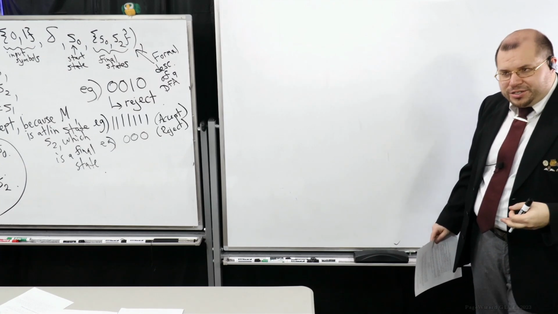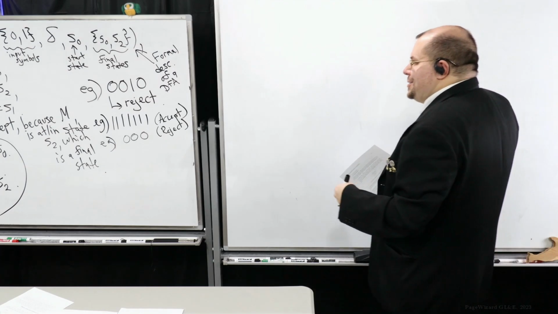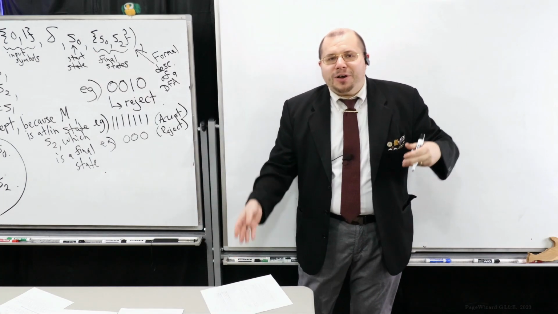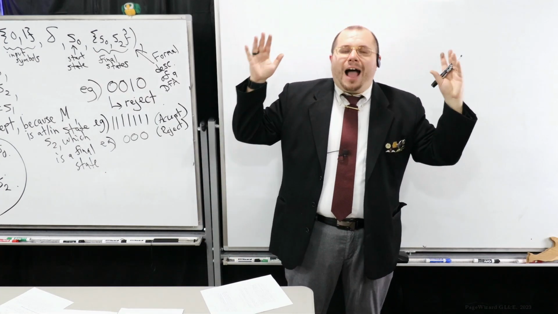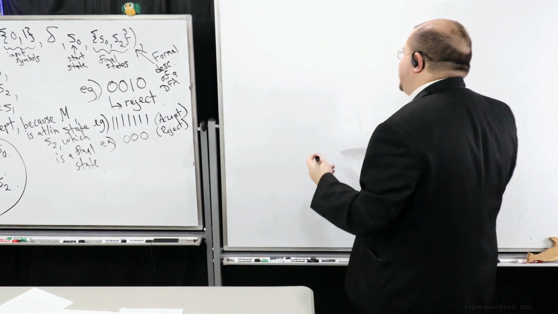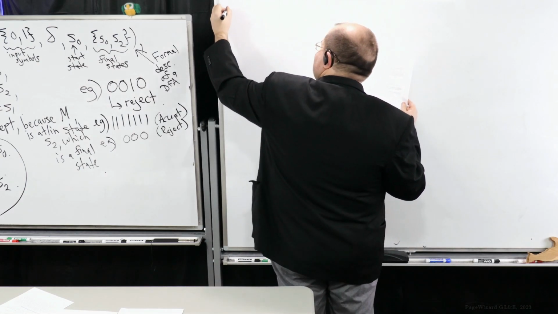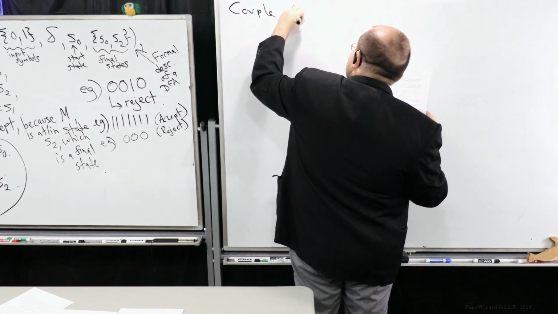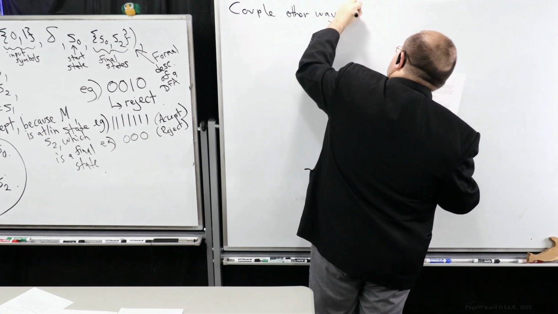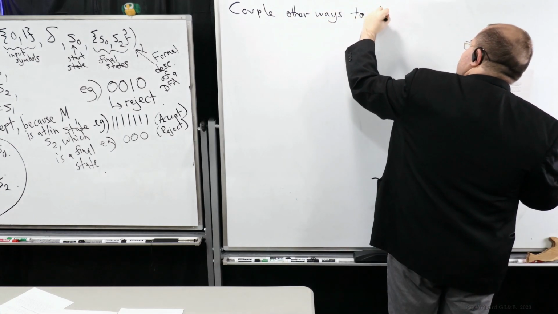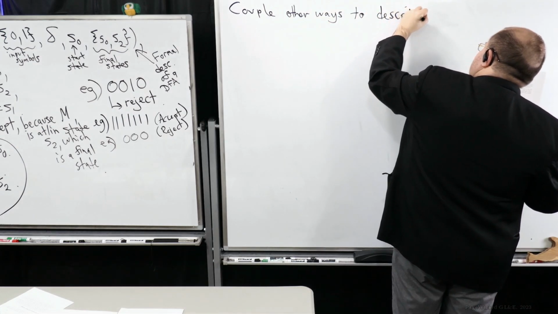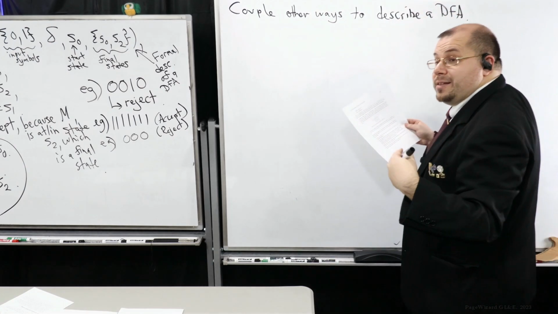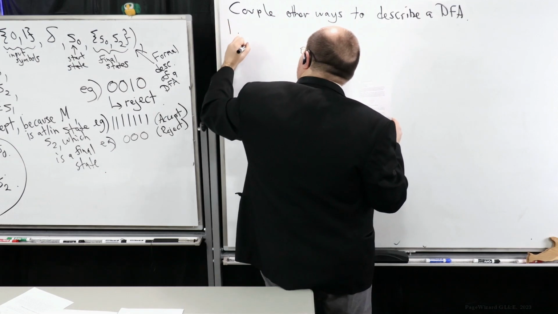Whenever you see infomercials, they say there has to be a better way. I'm going to give you a couple of ways to do this that are a little simpler. So here are a couple other ways to describe a DFA. The first one, which I alluded to already, is a transition table.